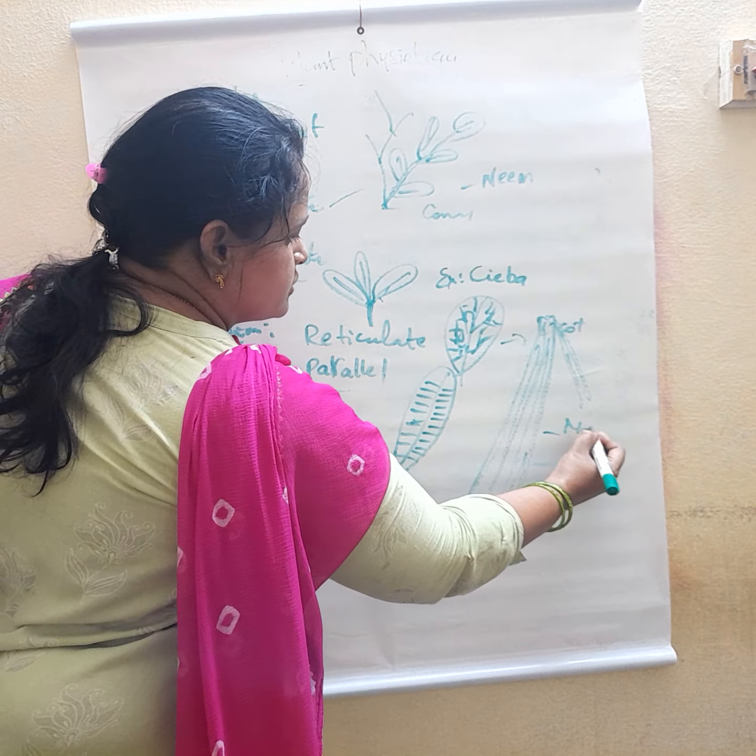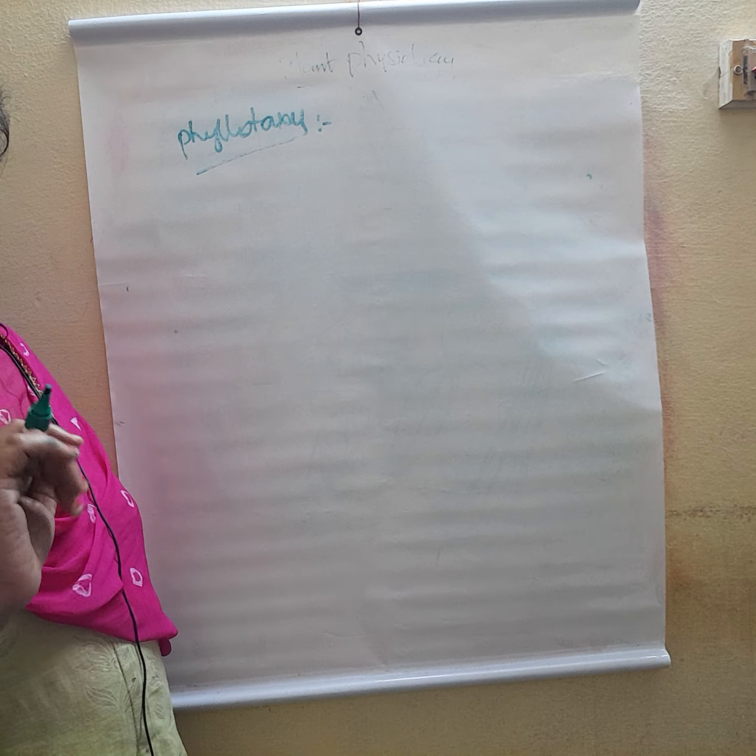Next is phyllotaxy. If you see the phyllotaxy, it is the arrangement of leaves. Arrangement of leaves on the branch or on the stem is called phyllotaxy.